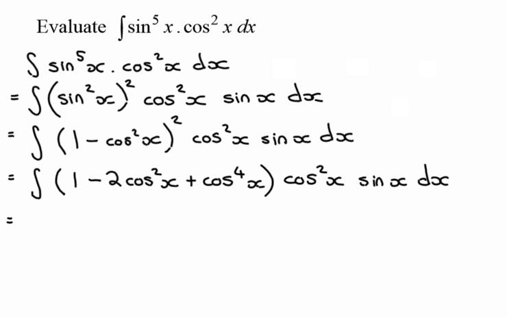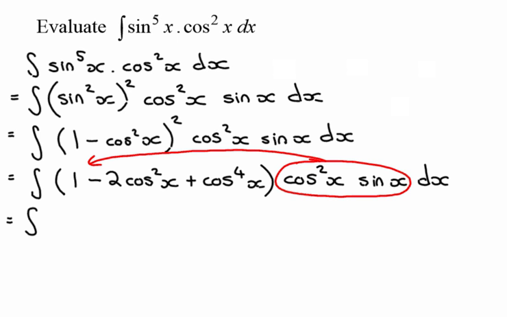Now your next step, which will always be your next step in these types of questions, is to multiply everything in. Now you've got to multiply to all three terms. So I'm going to take this whole thing here, that whole thing, and multiply it into all three terms. So let's do that.